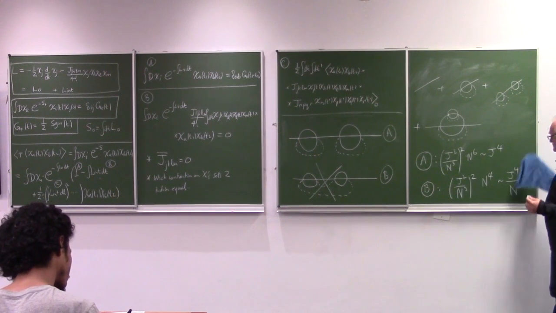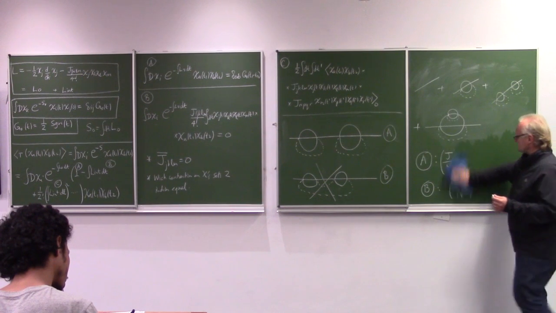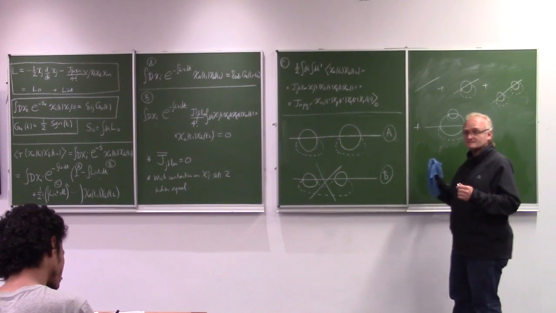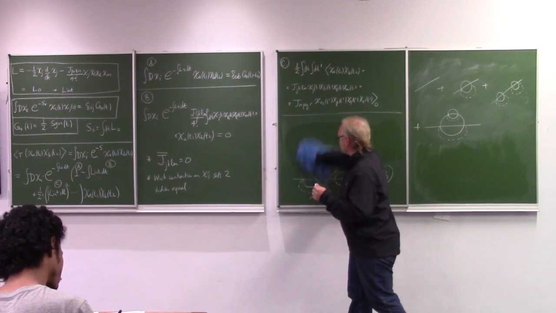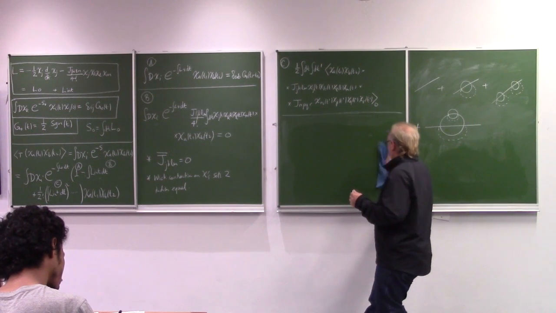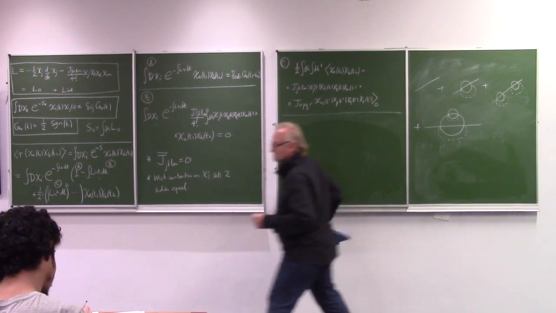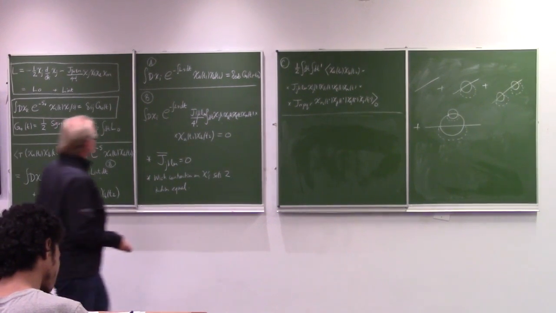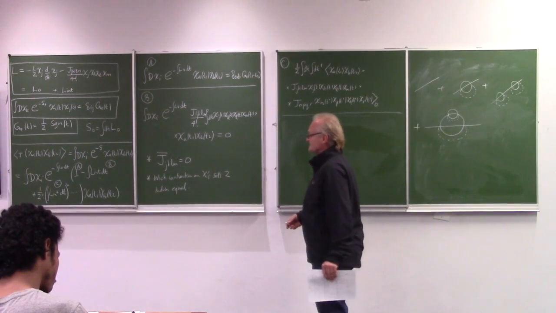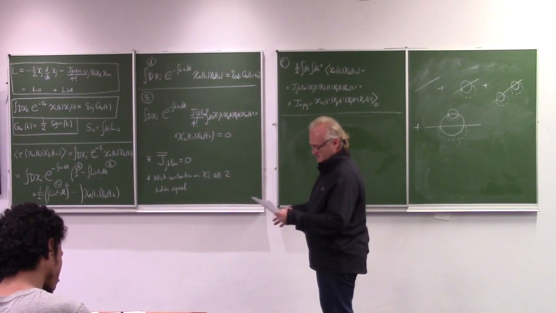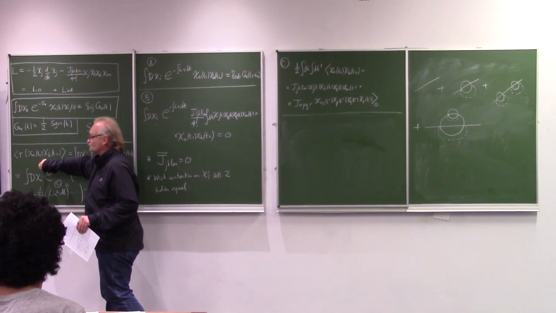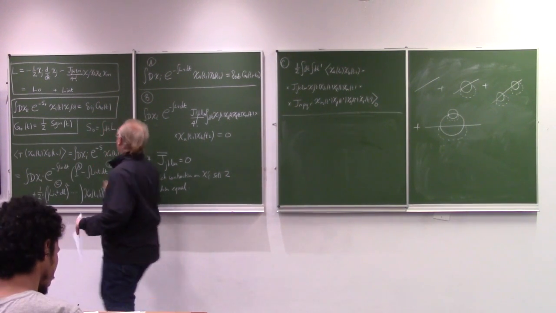Now, why is this solvable? Well, it's solvable because we can actually write an equation that does the sum perfectly. So let me write the equation that does the sum, and then we'll talk about what it means. So let's define. So we were calculating this time-ordered two-point function in the full interacting theory.